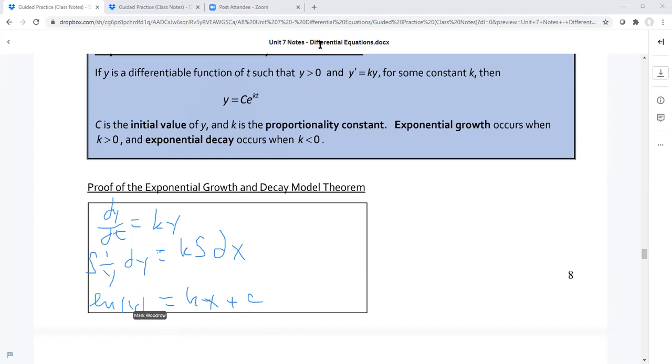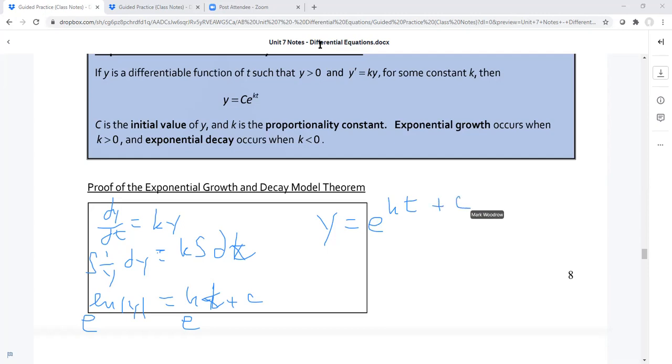And now we have to get y by itself. So we're going to take e to this power and e to this power over here. I put x. Sorry, this should be a t, because we're doing dt, not dx. So that's going to give us that y is going to equal e to the kt power plus some c.